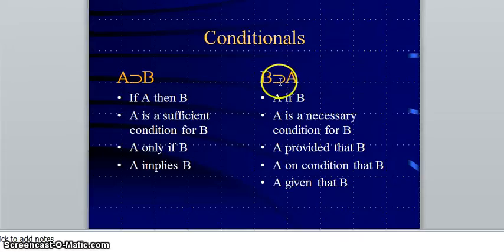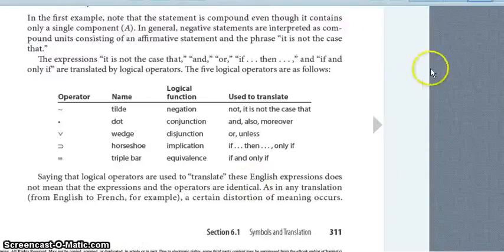In this case, we have B horseshoe A if B. If A, then B, here we have A if B. Or A is a necessary condition for B, or A provided that B, on a condition that B, or A given that B. And so there's a lot of confusion with this, and let's go to page 315 in our textbook.